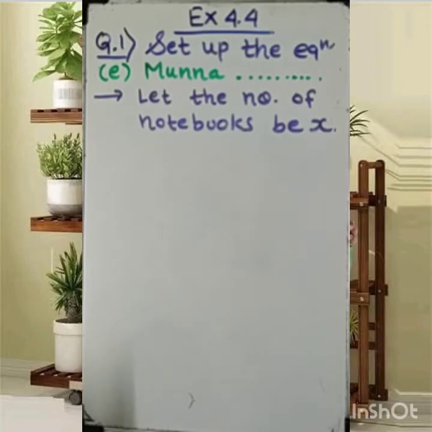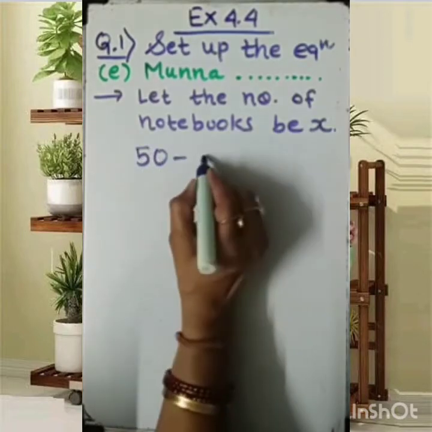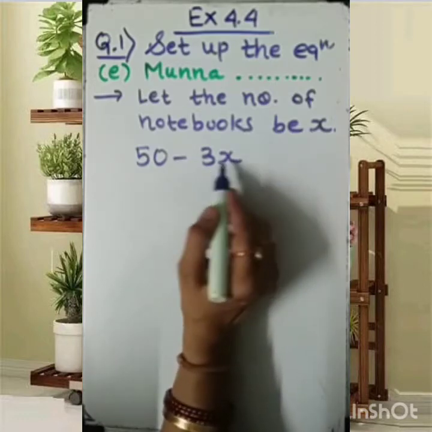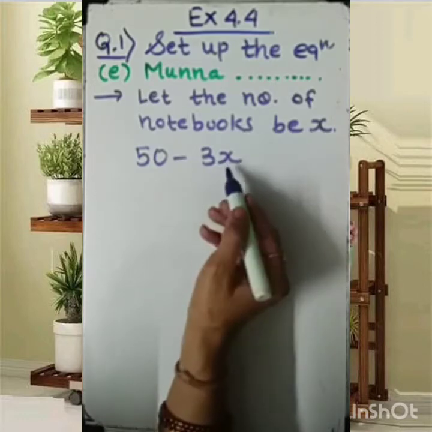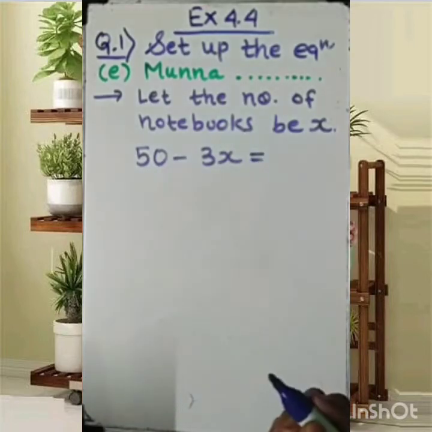Now what are we given? Munna subtracts thrice the number of notebooks he has from 50, meaning we have to subtract from 50. Thrice the number is 3x, which we have to subtract from 50, and that gives the result 8.